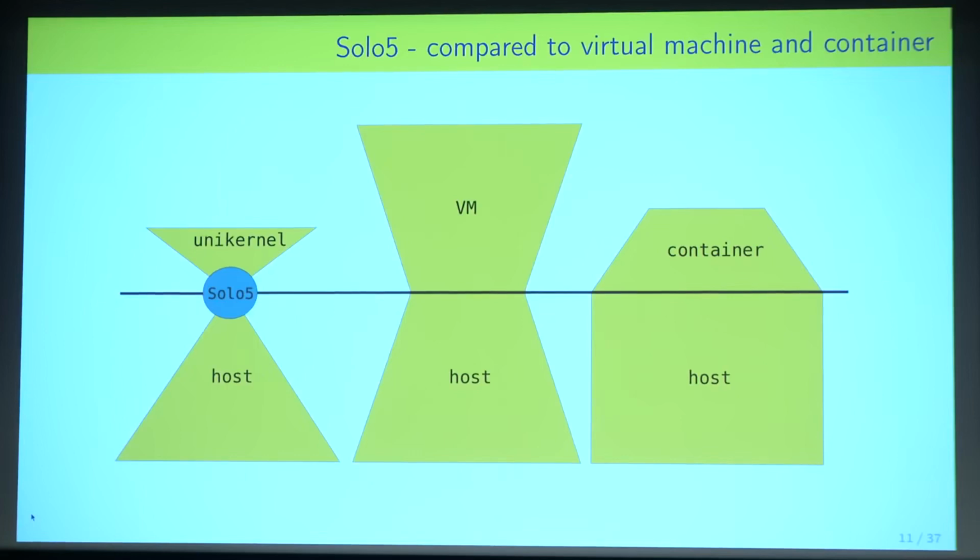On the left-hand side, we see that Solo5 is basically some bits and pieces in the host system, the Solo5 HVT, and some bits and pieces in the unikernel. Those are the Solo5 bindings I mentioned earlier, used to communicate between the host and the guest system. In the middle, the API between the host system and the virtual machine is much bigger.